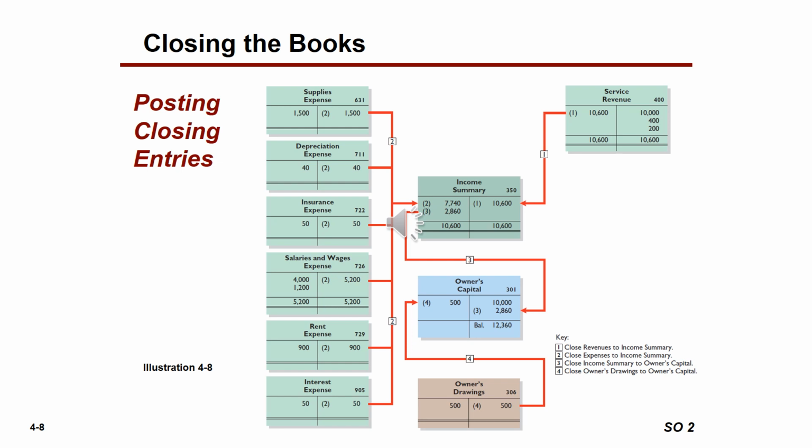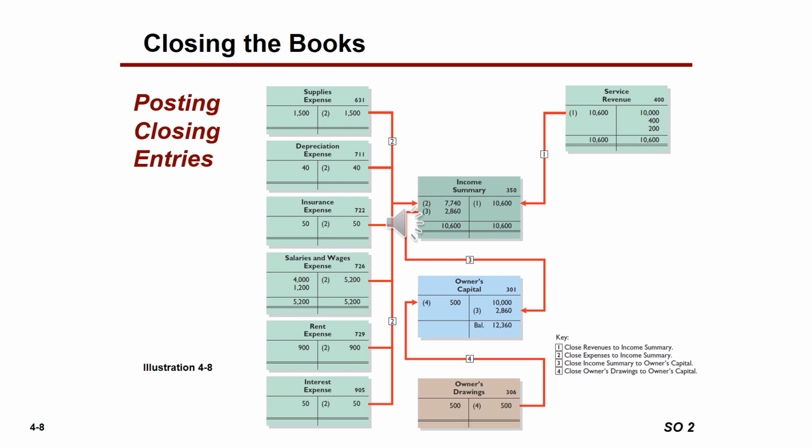Our total revenue is higher than our total expenses by $2,860. So that will be on the debit side of the income summary, and it's going to go to the credit side of owner's capital, thus increasing the owner's capital balance and the owner's claim on the business, meaning that his business has generated some profits and increased his owner's capital, right?